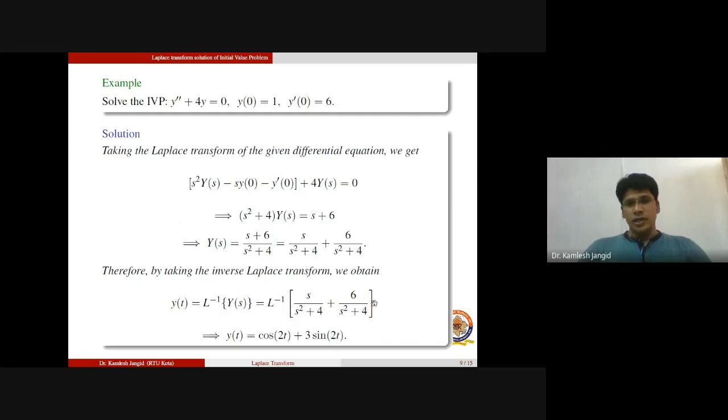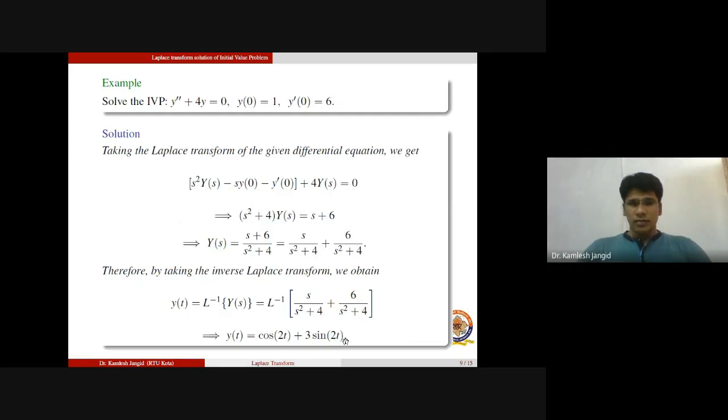So we use the linear property of the Laplace transform. So the inverse Laplace transform of this first term is cos of 2t, plus here if we take 6 common out, then we know that the Laplace transform of sine of 2t equals 2 times 1 upon (s square plus 4). And if we simplify, then we get 3 times sine of 2t.